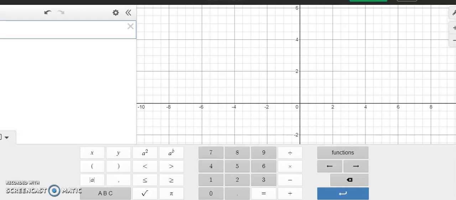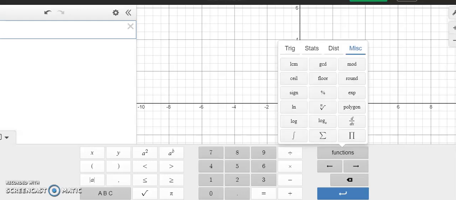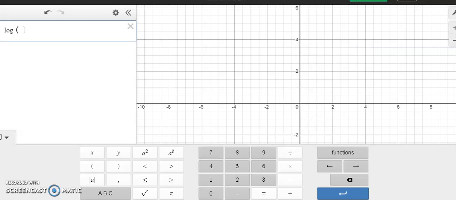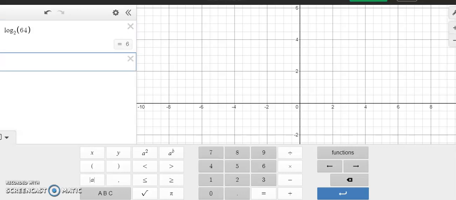To find logarithm, what you're going to do is click function and click all the way over to the right. You'll notice that it's in the middle column towards the bottom. So if I click on that, I can now type in my base and my number, and it will give me my answer in the bottom corner. And just to double check, if I do 2 to the power of 6, it equals 64. So we know we've done it right.